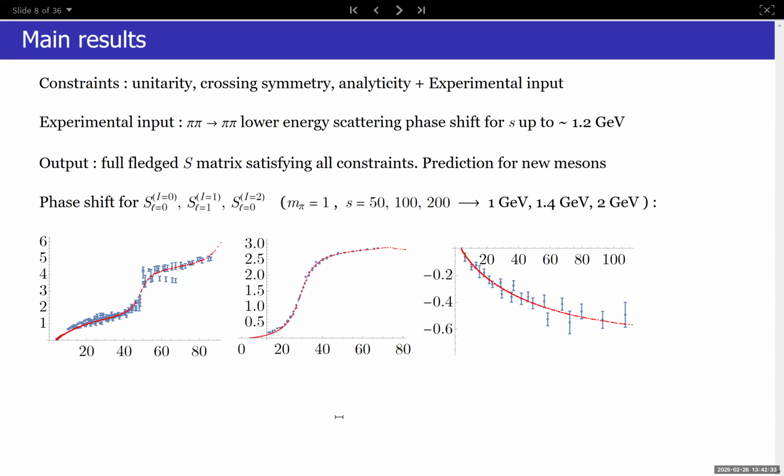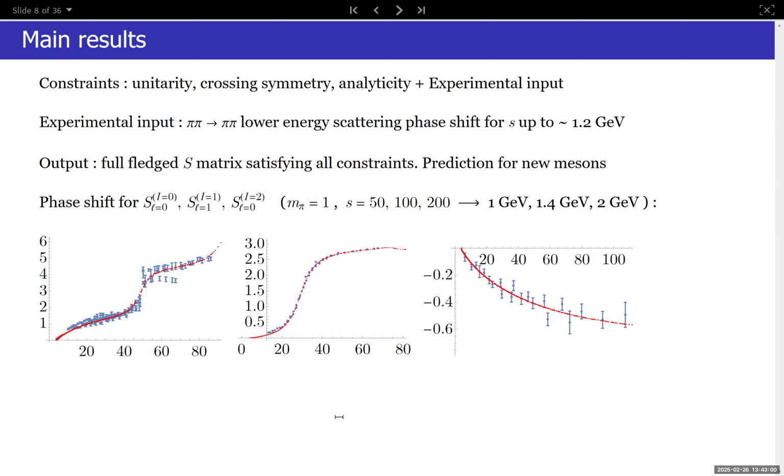So those are from the experimental data, and the idea is that we try to construct the S matrix that satisfies all the constraints, both theory constraints and the experimental constraints. Once we have that, potentially we can take a look at this S matrix at high energy and see if we can make some prediction out of it.